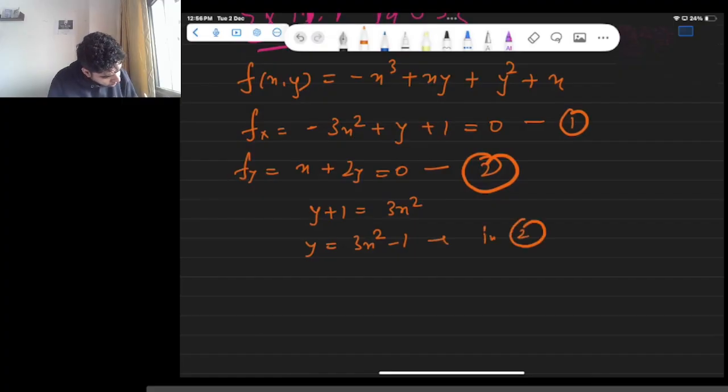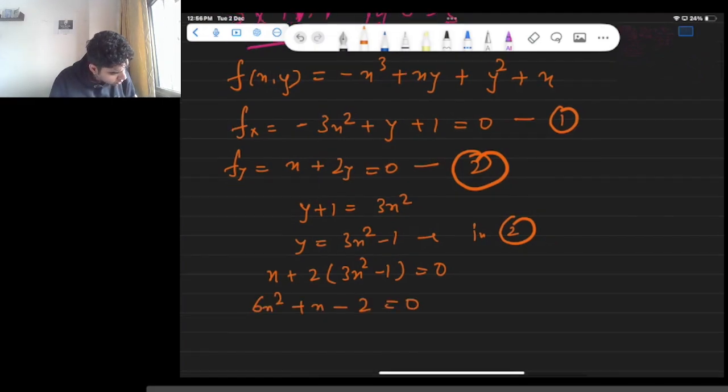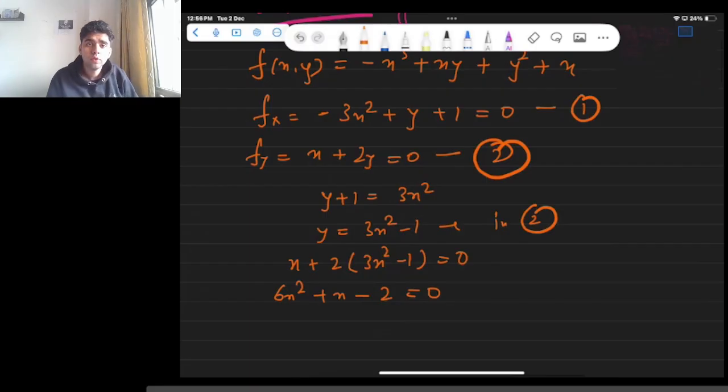So I'll be getting x plus 2 times 3x square minus 1, which is equal to 0. So 6x square plus x minus 2 is equal to 0. So this gives me 6 into 2 is 12, 4x minus 3x, which is x, and 4 into 3 is equal to minus 12. So 6x square plus 4x minus 3x minus 2 is equal to 0.